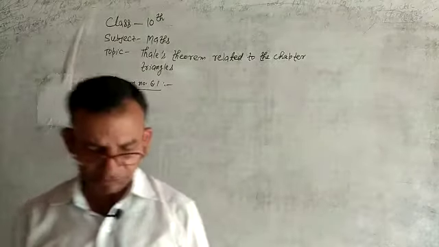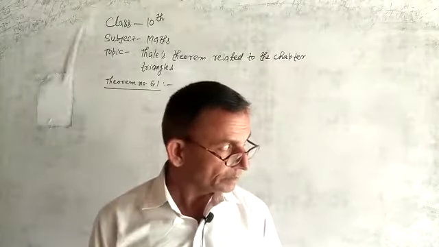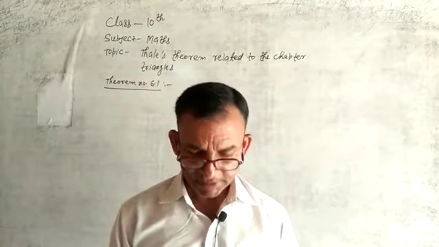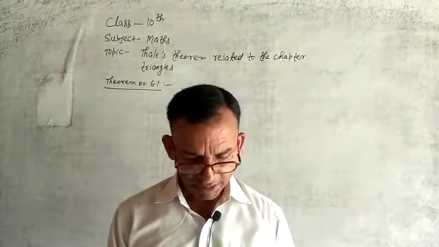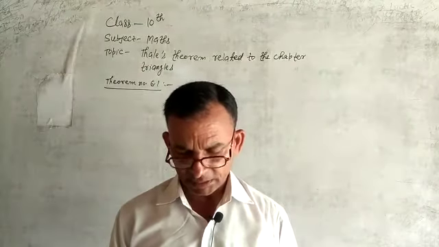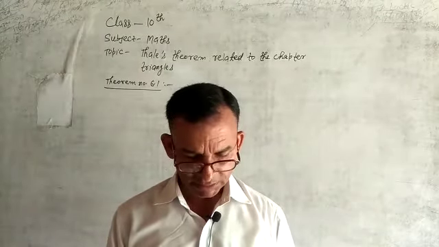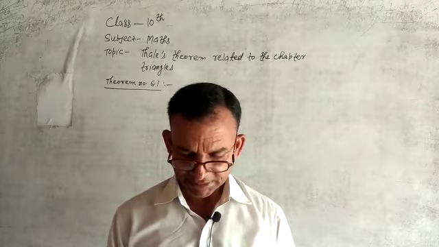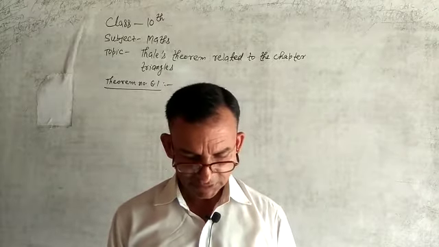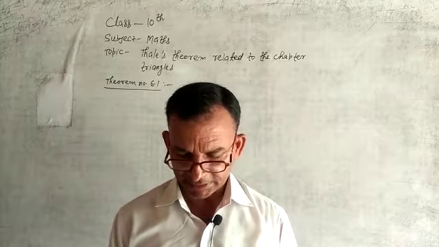The statement of the theorem is: if a line is drawn parallel to one side of a triangle to intersect the other two sides in distinct points, the other two sides are divided in the same ratio.